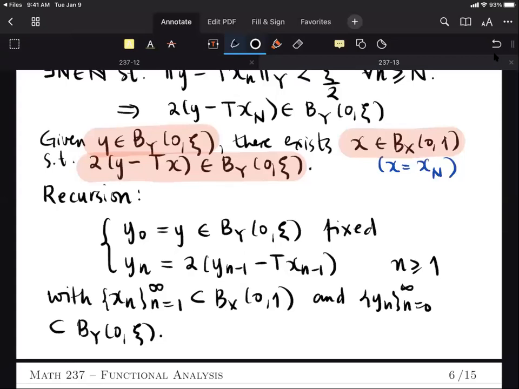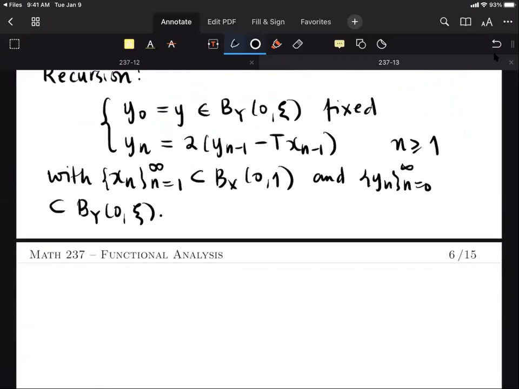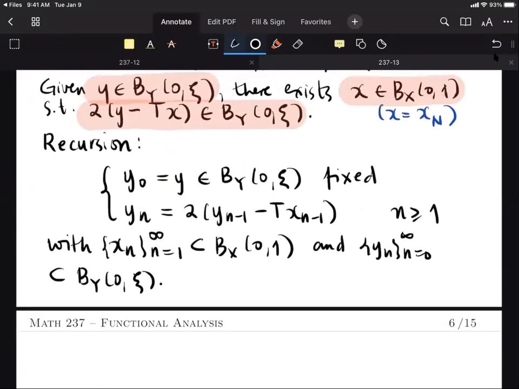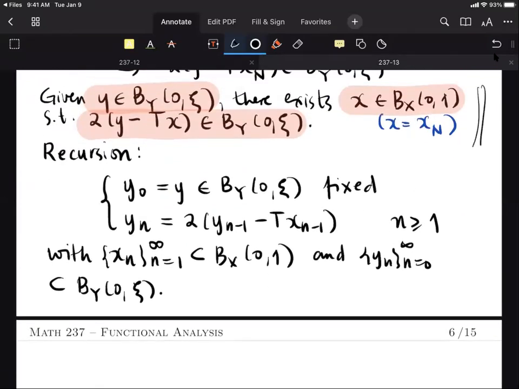The corresponding x here will be denoted by x naught, and this vector will be denoted by y1. And then you repeat the process. So we have this recursion, and according to this statement here, the y sub n's belong to the open ball in y centered at 0 with radius c.